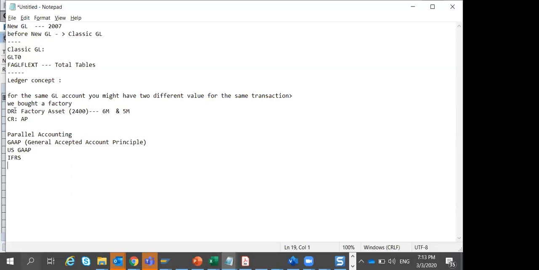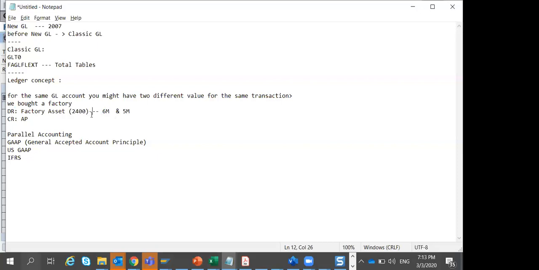For example, when you buy an asset, the accounting rules for the US are way different from the accounting rules for Germany or for Europe in general. What we consider to be an asset is different from what German people or European people consider an asset. For that reason, when you capitalize, the capitalization value or the asset value is going to be different.